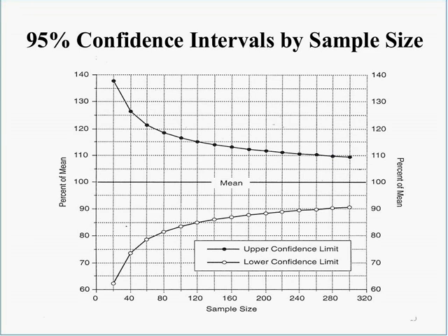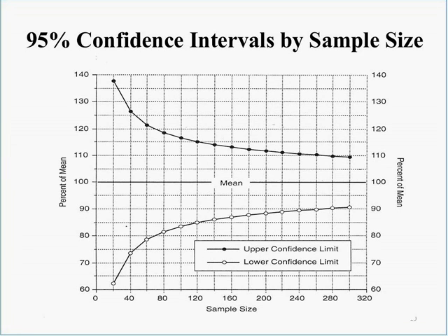The pair of points are the upper confidence limit with the dark line and the solid circles, and the lower confidence limit, which is the line with the clear or white circles. And as the sample size gets larger and larger, you notice how those two points get closer and closer and closer, so that the larger the sample size, the greater our confidence in this 95% confidence that our mean is within those two points.